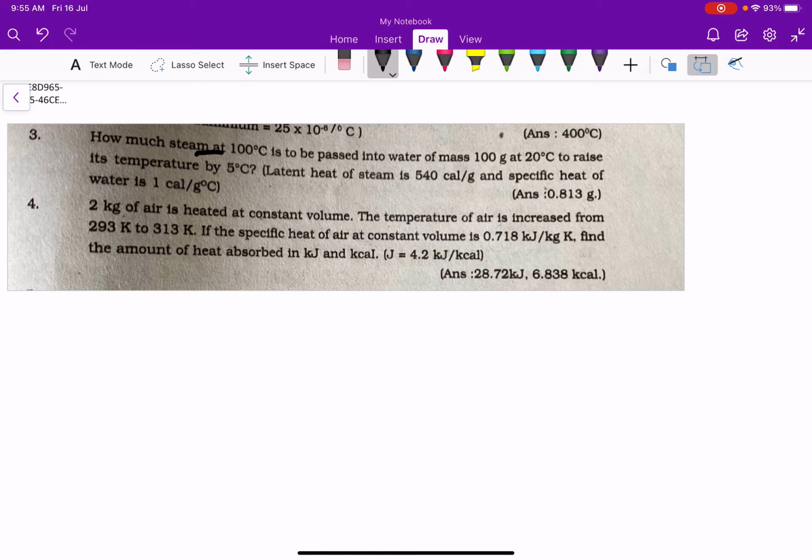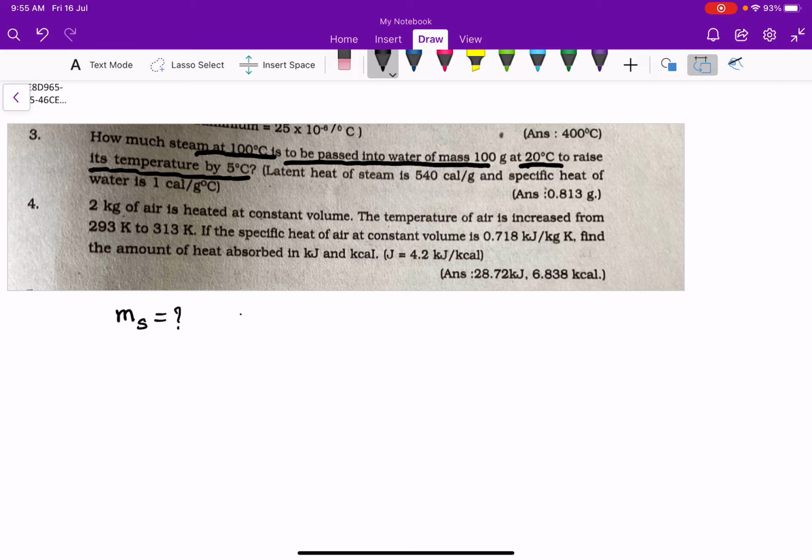How much steam at 100 degrees Celsius is to be passed into 100 grams of water at 20 degrees Celsius to raise its temperature by 5 degrees Celsius? How much steam? So what is the mass of the steam at 100 degrees Celsius?